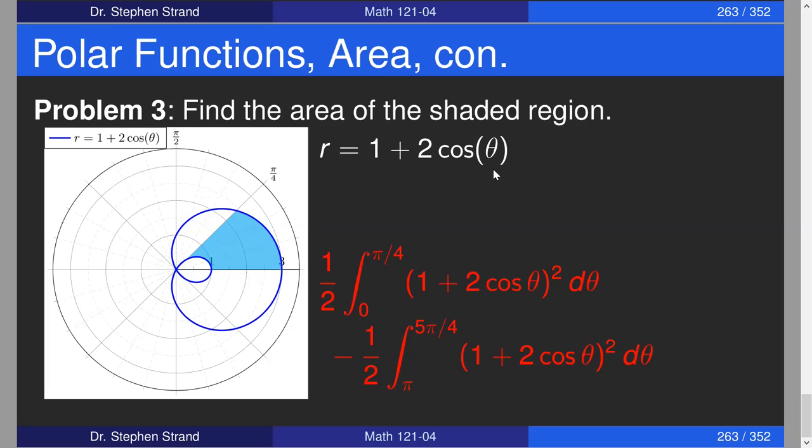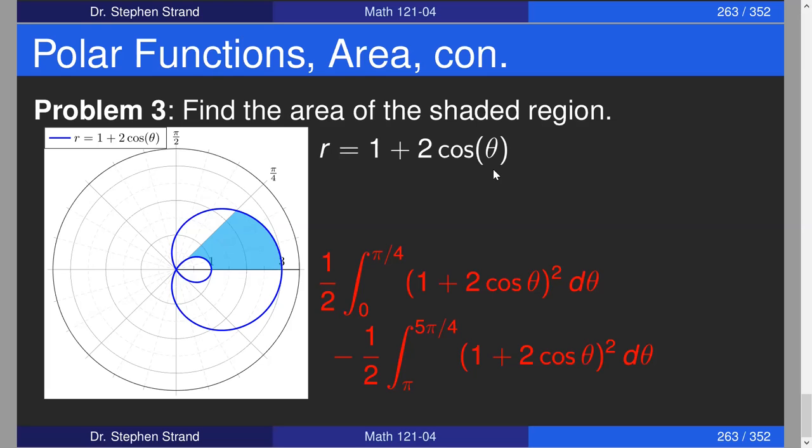All right, so just by way of review, the things that I expect you to be able to do with polar coordinates are use the polar coordinate system. So understand how we talk about points in the plane and how to go back and forth between Cartesian and polar points. And then the second thing I expect you to be able to do is talk about graphs and understand graphs.